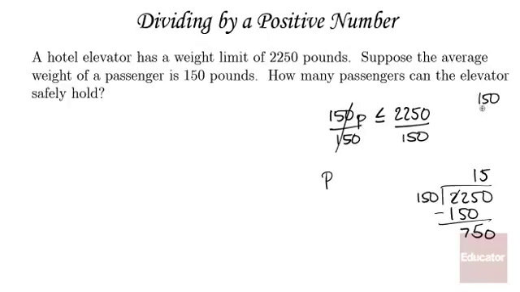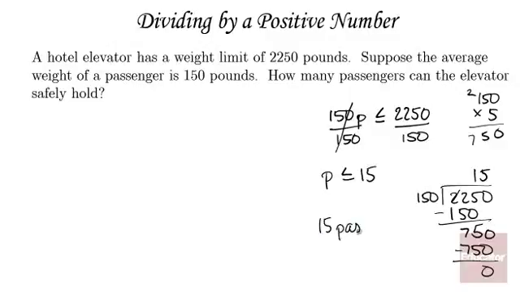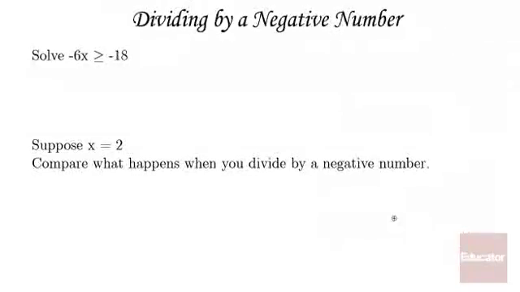Let's check it here. Yes, 750. So P is less than or equal to 15. So at the most, 15 passengers can be on the elevator. But of course, less passengers would be fine as well.